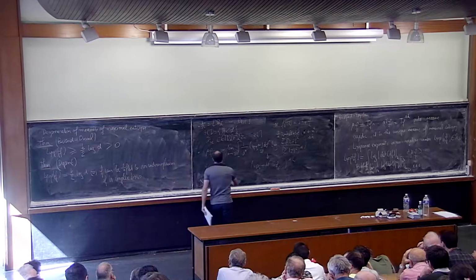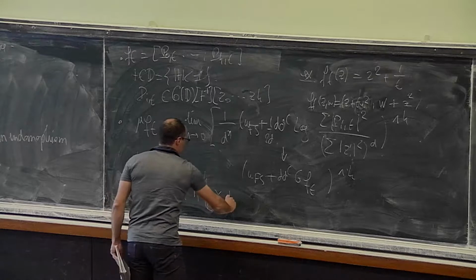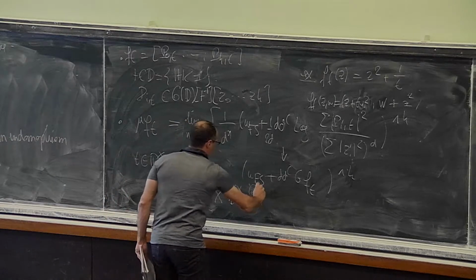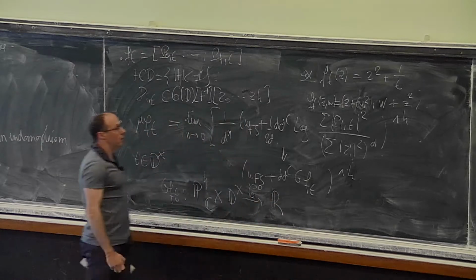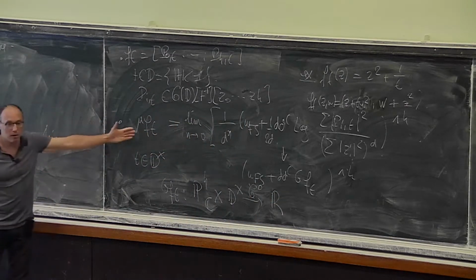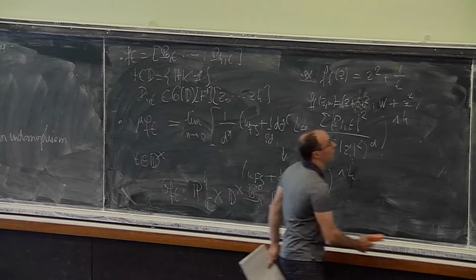So this Green function defines a continuous function from P^k cross D star, which implies in particular that this family of probability measures behaves in a continuous way.